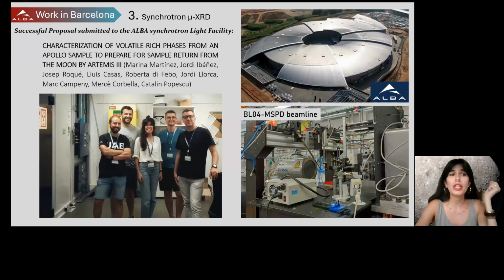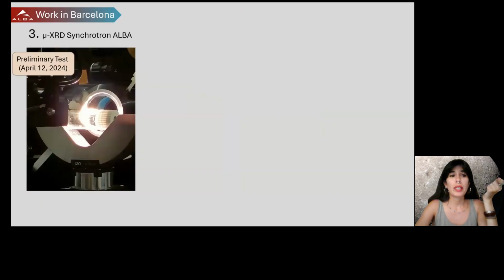In Barcelona, we wrote a proposal to study these 3 samples at the ALBA synchrotron light facility. And in order to get the proposal accepted by the material science powder diffraction beamline, we also ran a preliminary test in April, where we wanted to make sure that the sample was diffracting well, despite being inside a glass container.